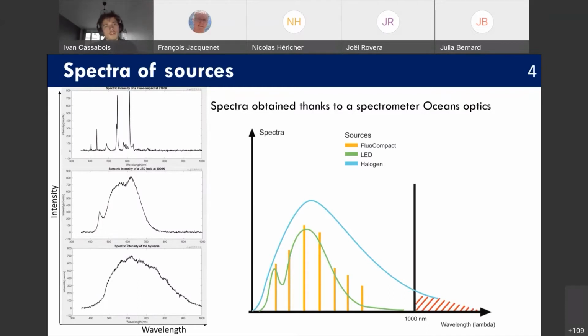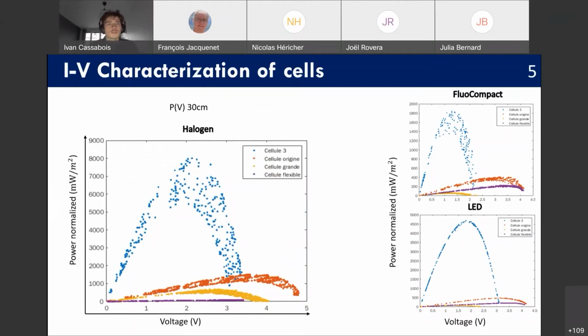Okay, so now I'm going to talk about the IV characterization of cells. PV cells react to an incident flux of light, and this light is proportional to a tension, and the tension applied to the cells produces a current which we use to do the characterization of PV cells.